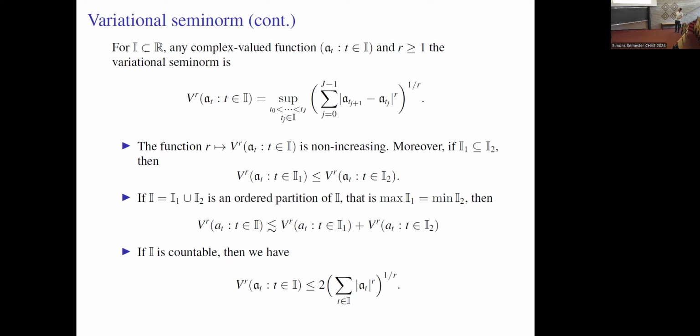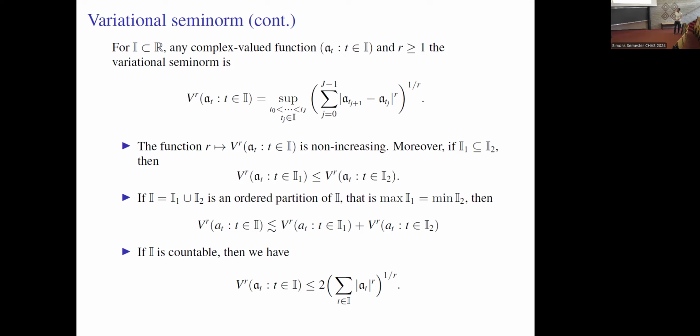The other thing, which is also very simple, is that if we have a larger set I, then the r-variation is larger, because we take the supremum over a larger set, right? So there is nothing hidden there. Also, we can split the r-variational seminorm if we have the following decomposition.